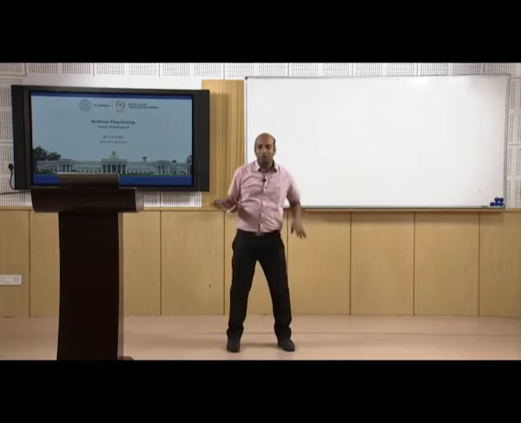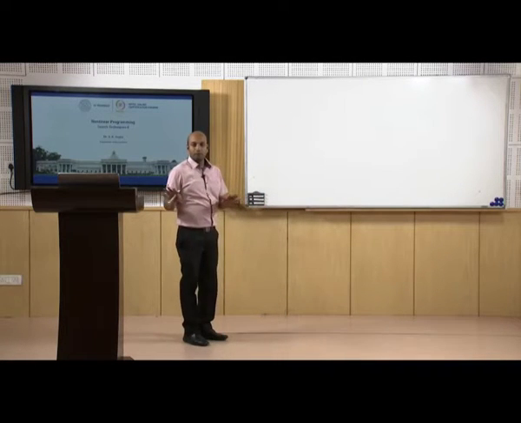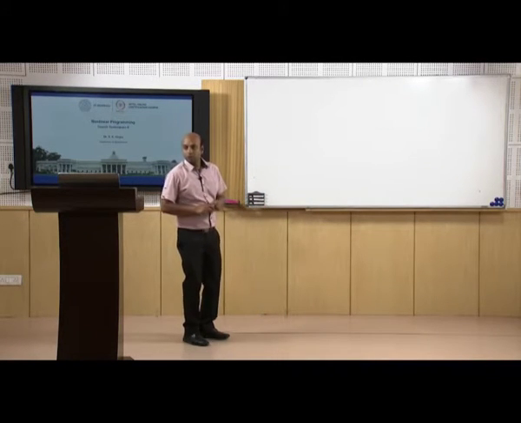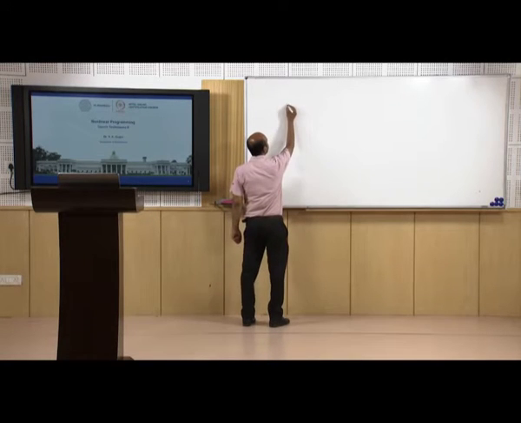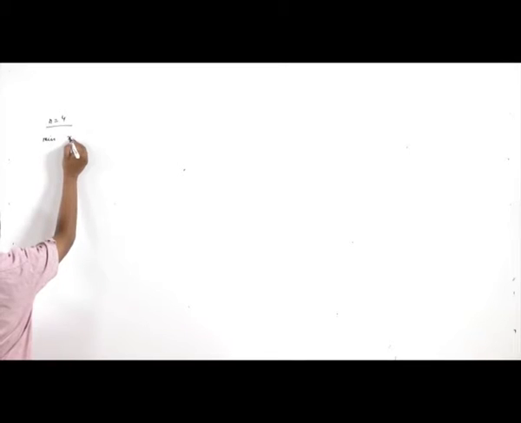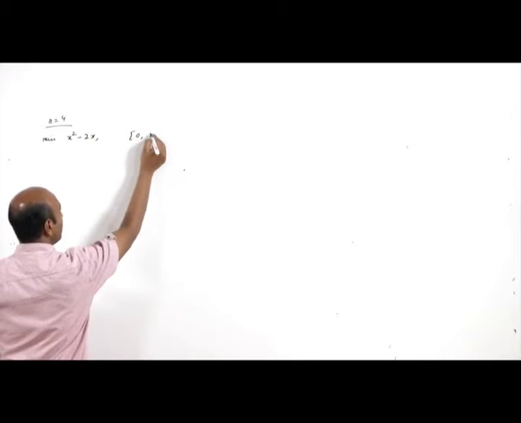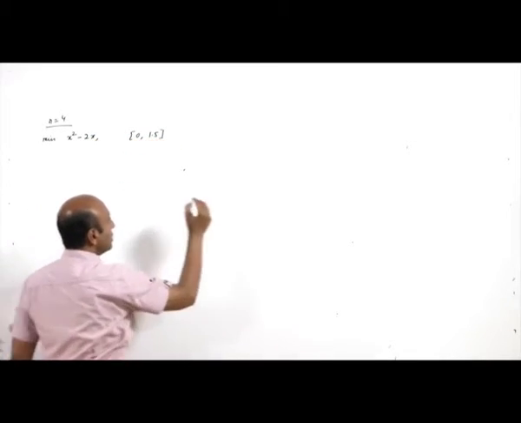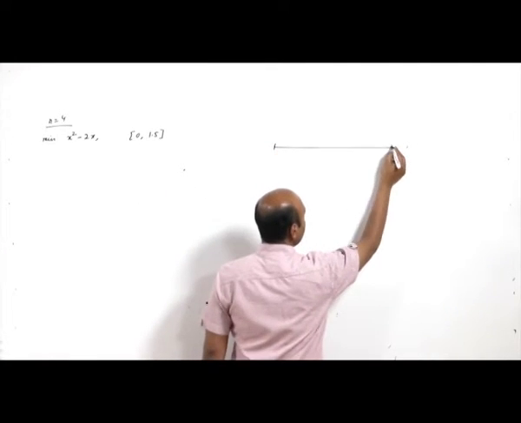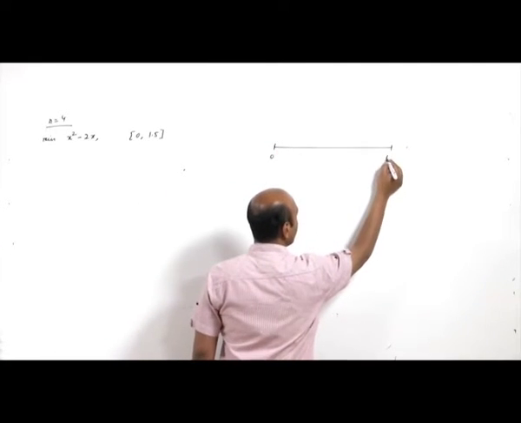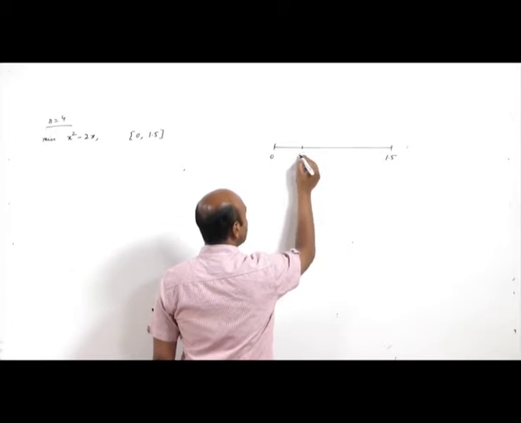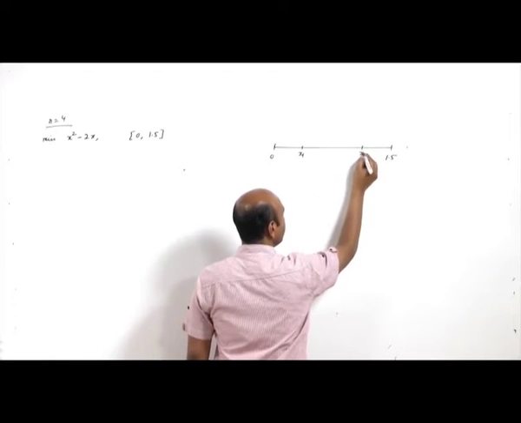So, let us try to solve one problem based on the Fibonacci search technique. Let us take n equal to 4. The problem is minimizing x square minus 2x, and the initial interval is 0 to 1.5. We have to find two experiments x1 and x2.